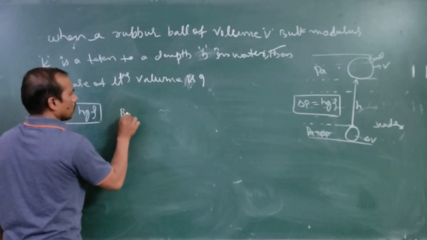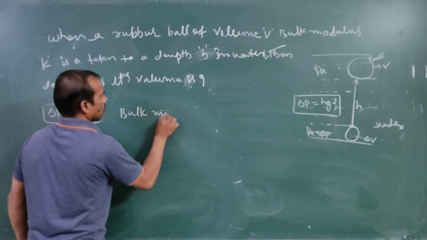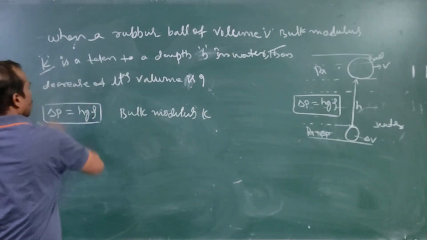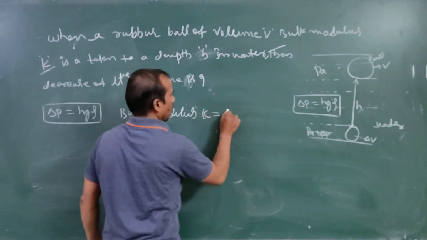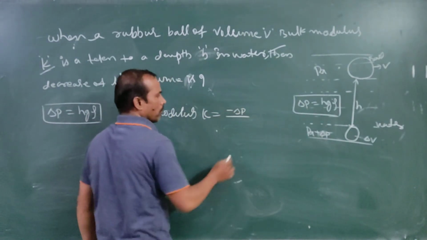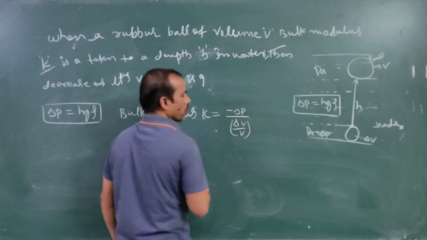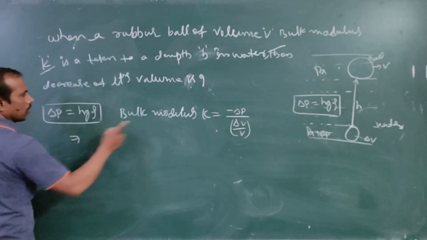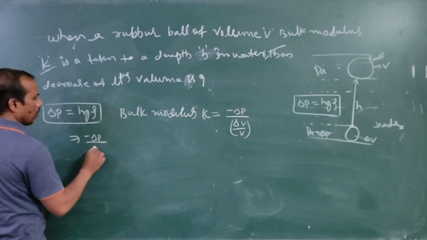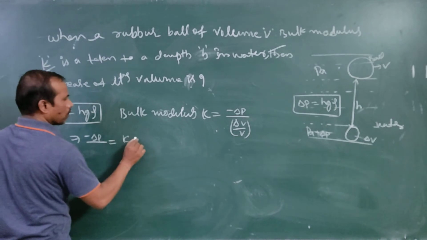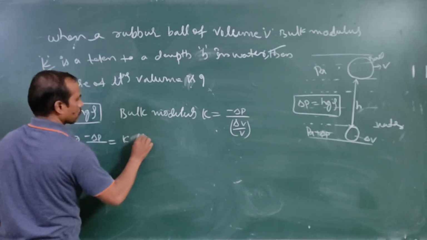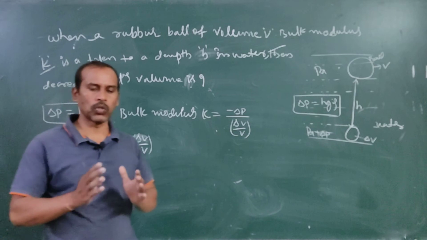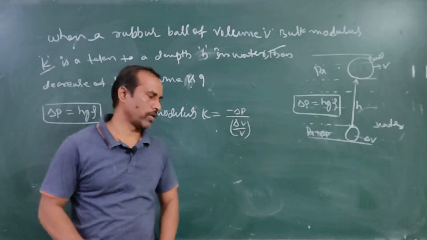But the bulk modulus K is equal to minus delta P by delta V by V. So we find delta V. Simplifying this equation, delta P is equal to K into delta V by V. The negative sign indicates the volume decreases with increase of pressure.